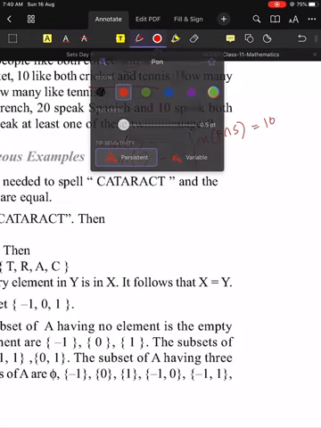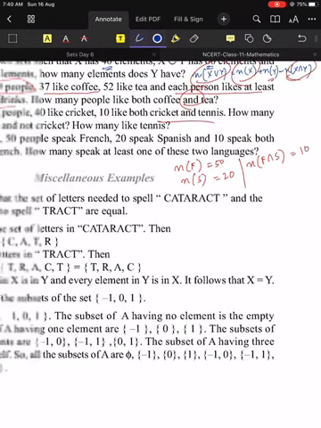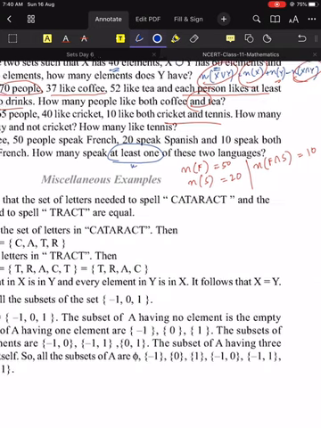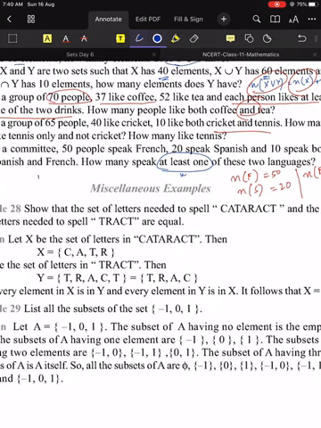Now they have asked you to find how many people speak at least one of these two languages. At least one of the two languages means either people speaking French, or people speaking Spanish, or people speaking both. All the necessary conditions are included here.